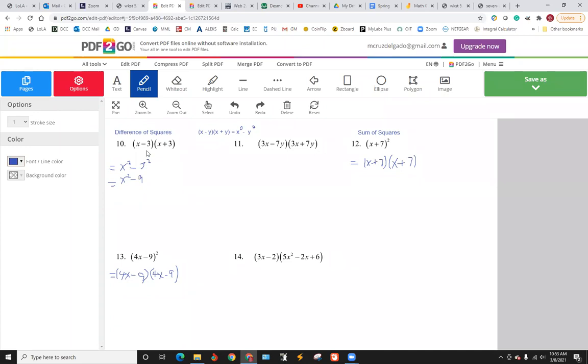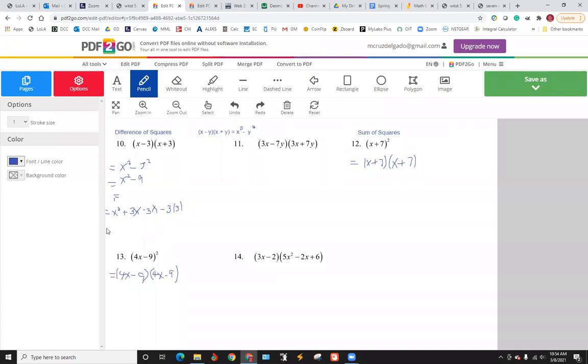Well, why does that work? Let me show you. Let's just do the FOIL on it. X times X is X squared. X times 3 is plus 3X. Inside is negative 3X. And then the last, it's negative 3 times positive 3, so it's negative 3 times 3.